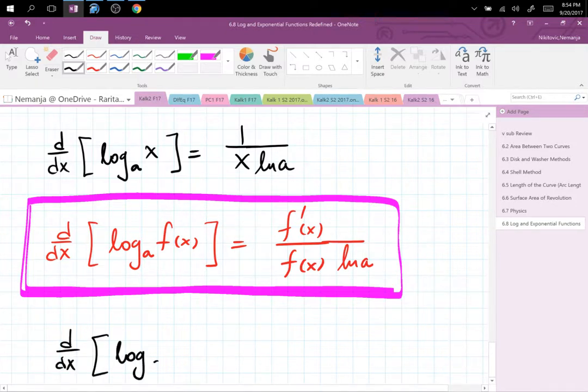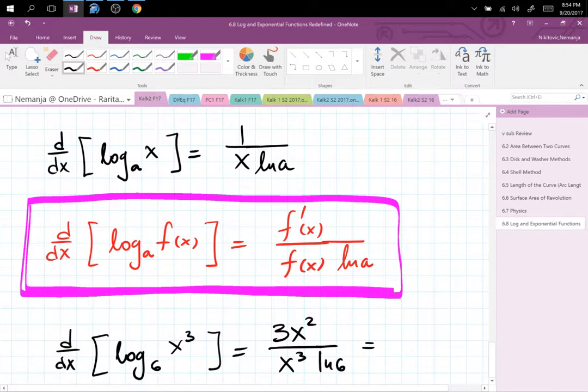Log base 6 of x cubed, the derivative is 3x squared divided by x cubed times ln 6. And then these guys cancel, so it's 3 over x ln 6 for this problem. It's extremely quick, and that's all it is. So just follow your nose.